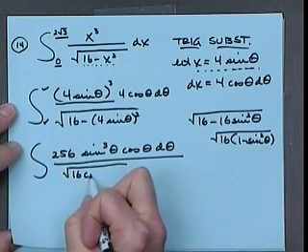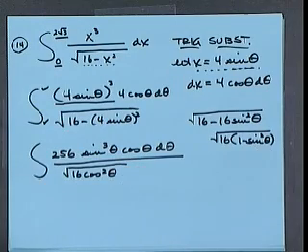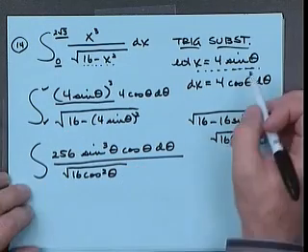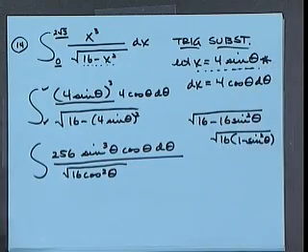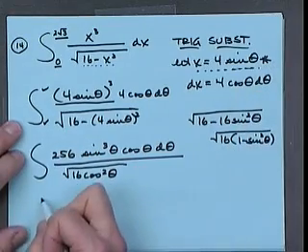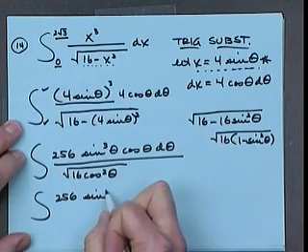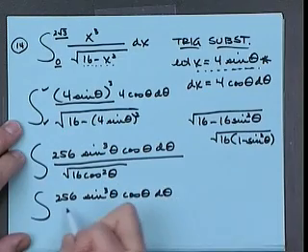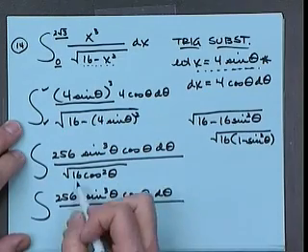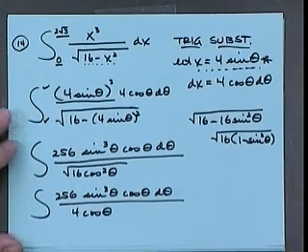So we've got a 16 cosine squared, kind of getting to why the trig substitution happens to work, at least this particular choice for x, why it works in this problem. So the square root of 16 is 4. The square root of cosine squared is cosine.